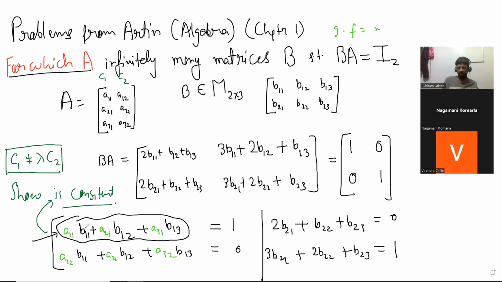We take A11x plus A21y plus A31z equal to 1. That is not a line, that's a plane. Oh, yeah, my bad.